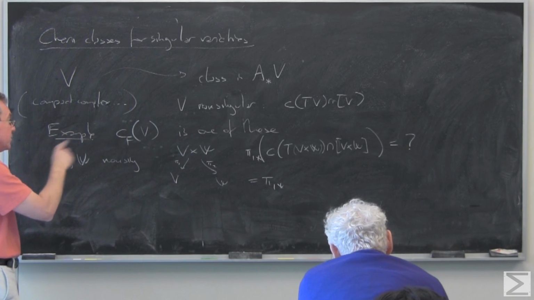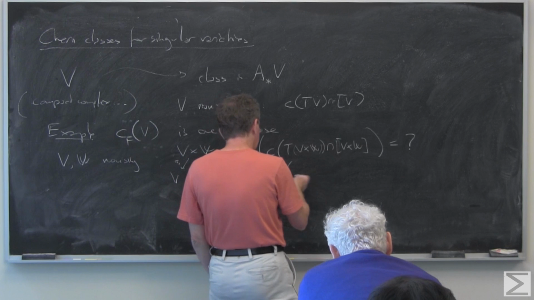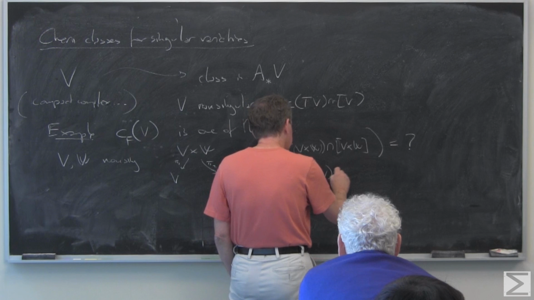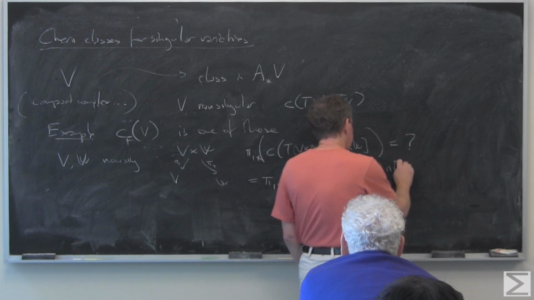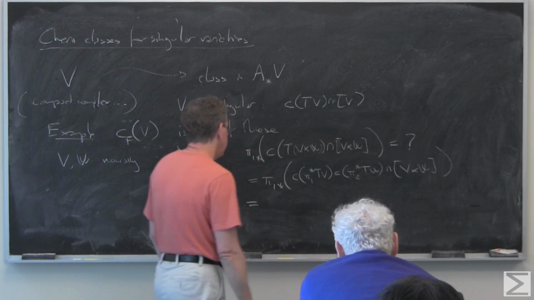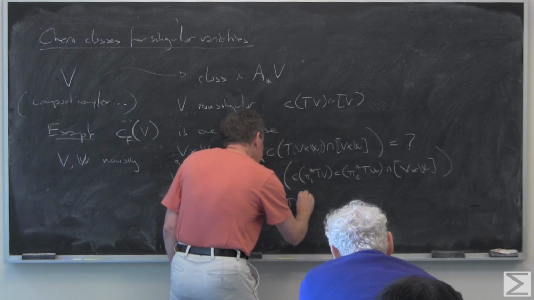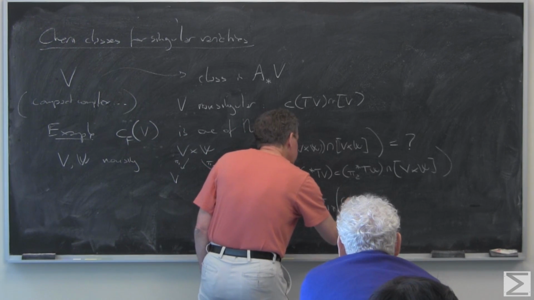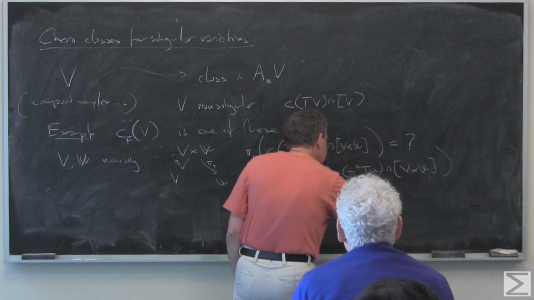Because the Chern class of the tangent to the product will be the direct sum of the pullbacks of the tangents. So what I can write over here is C of pi 1 upper star TV, C of pi 2 upper star TW, cap V cross W. The projection formula applies to give me this as C of TV, cap pi 1 lower star of C of pi 2 upper star of C of TW.